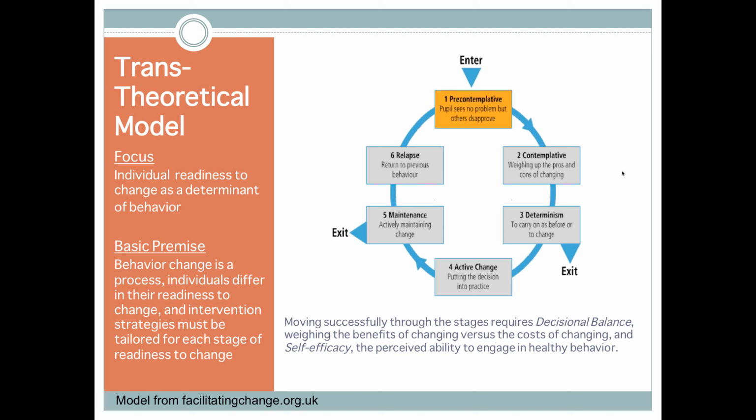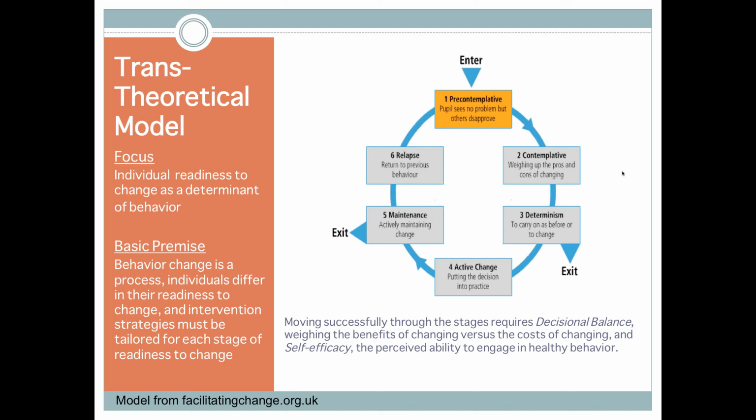The cons would be what are the costs to me for making this kind of change. And so the benefits could be things like improved health status. The cons could be things like a change in a lifestyle pattern that goes against activities that are typically done as part of your family or as part of your peer group, so you're now going to be different from your family or your peers.